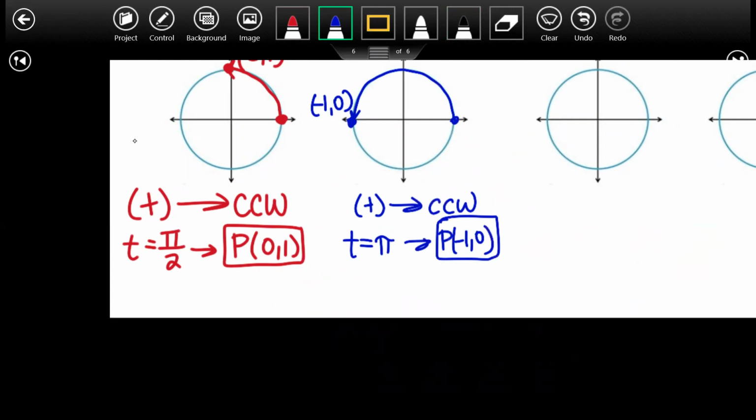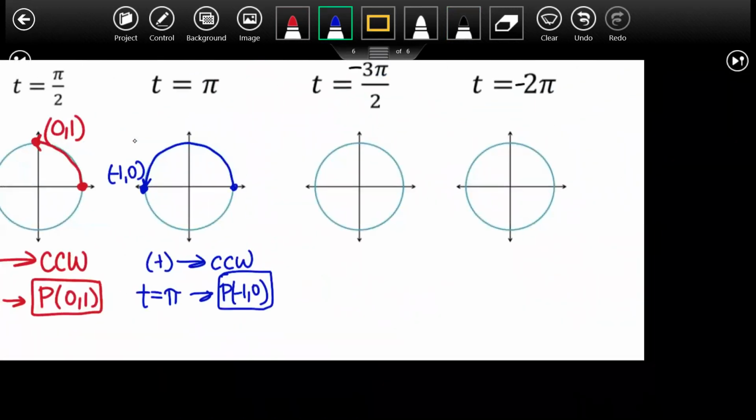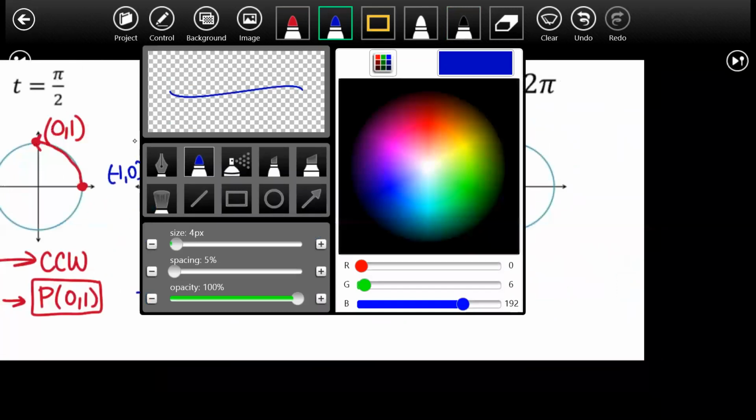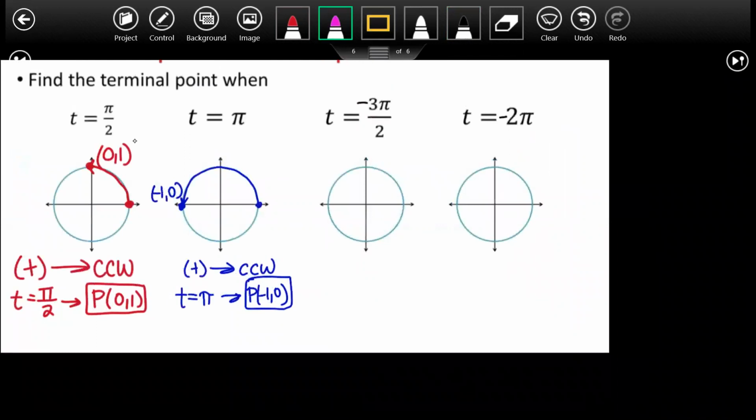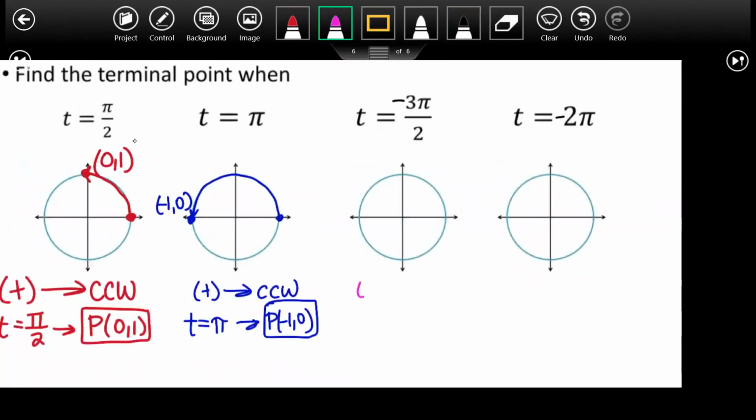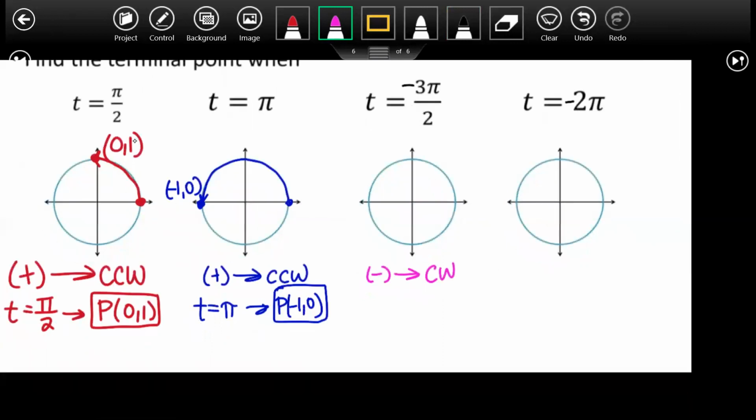The next thing we're going to do is our last two. Looking at this next one, is our T positive or negative? Negative. So since it's negative, we're going to go clockwise. That means we're going to go down first. Looking at this reference, we're going to go 3 pi over 2 units around. So this is a half pi, a full pi, and 3 pi over 2.